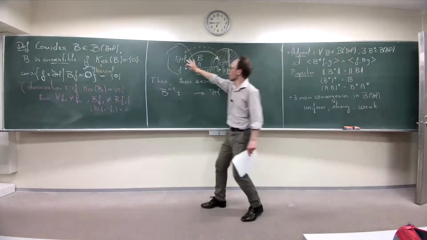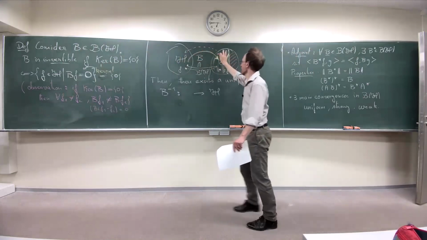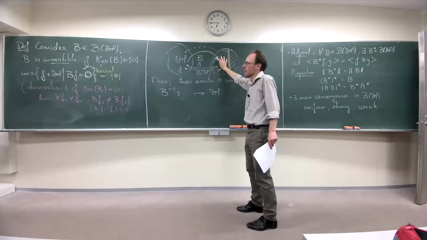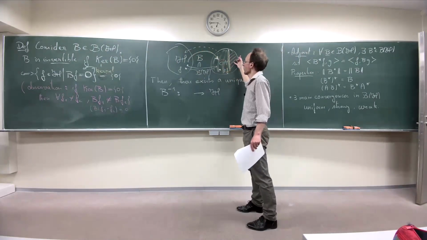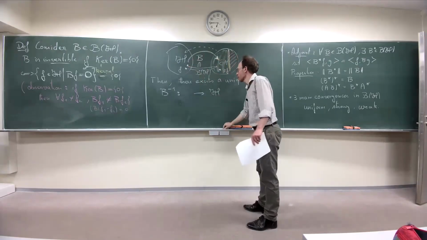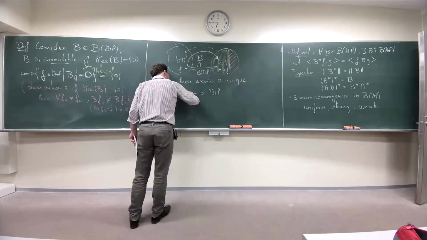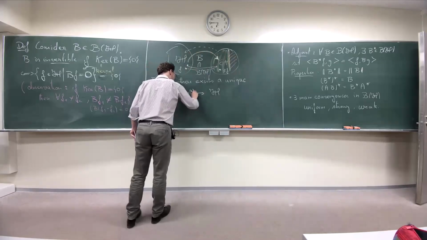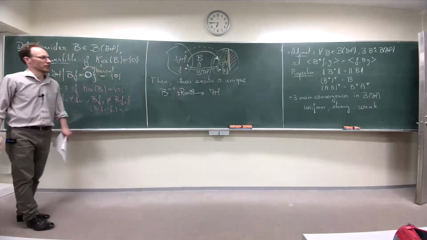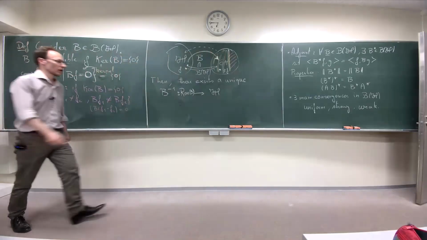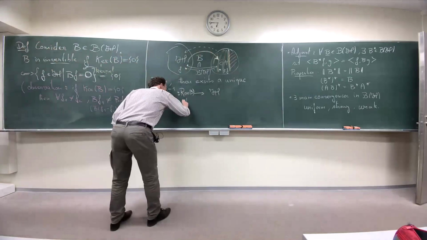If all elements of H are sent to the yellow part, then you have no way to go from here to here. So it means B minus 1 is defined from the range of B to H. What is the range?